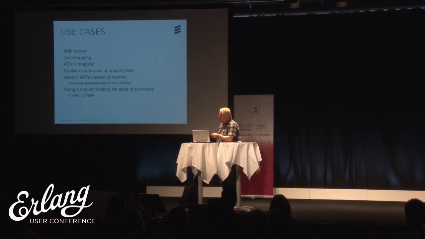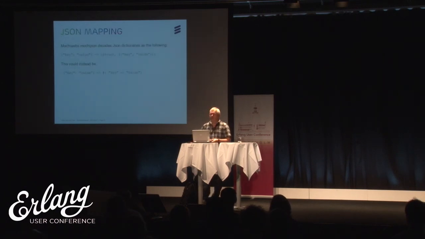You can replace uses of property lists in some places. You can use maps in APIs returning structured data instead of records. Then you get rid of the dependencies to include files. And you can use them in holding the process state. Then you might get an easier upgrade if you want to do runtime upgrade of the process.